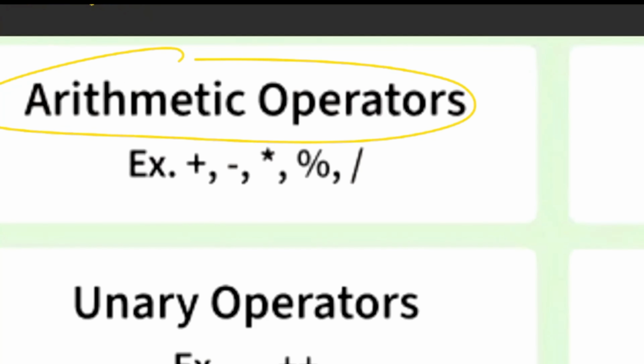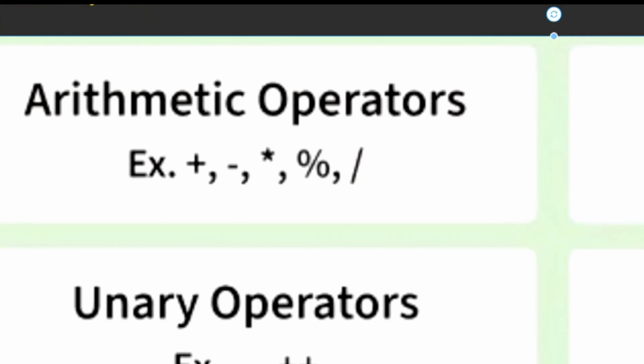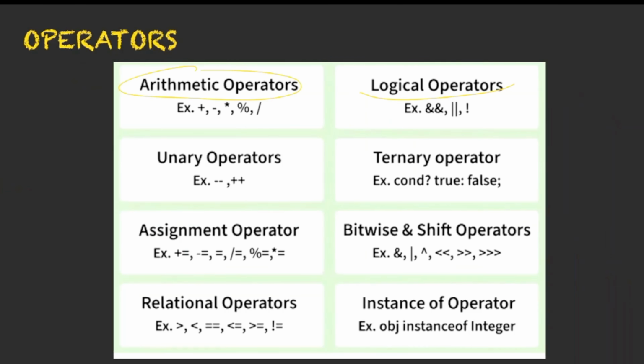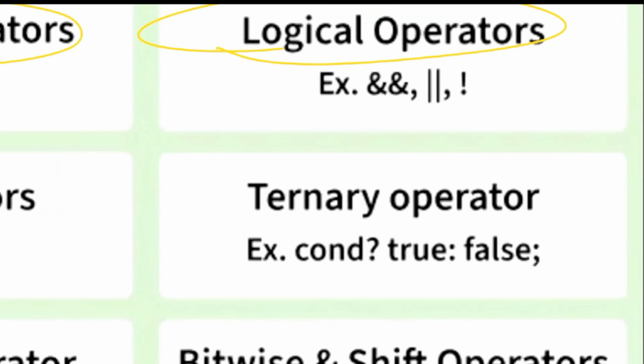Arithmetic operators are your very, very classic addition, subtraction, multiplication, division, etc. Then we have our logical operators, like and, or, not, etc. We'll be looking exactly how each of these are used in the upcoming videos. You probably would be knowing them already, but these are basically what our logical operators are.